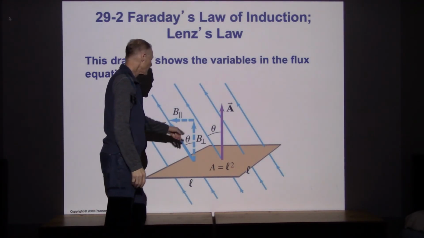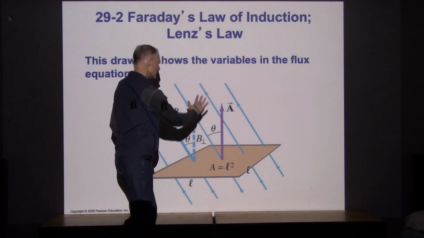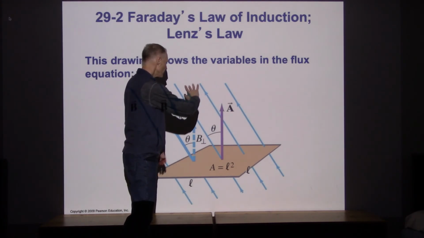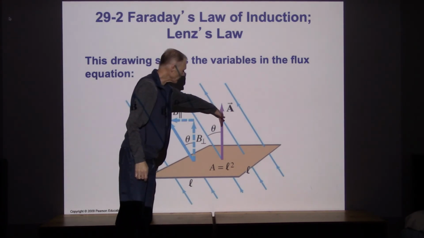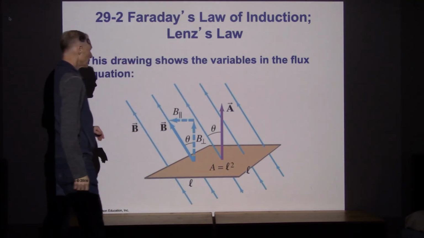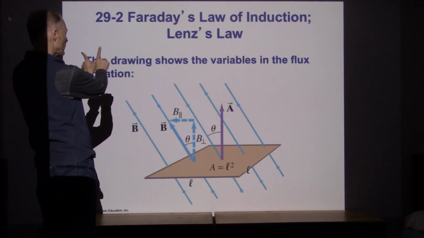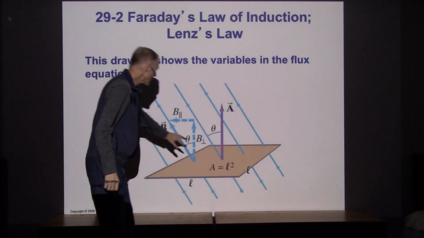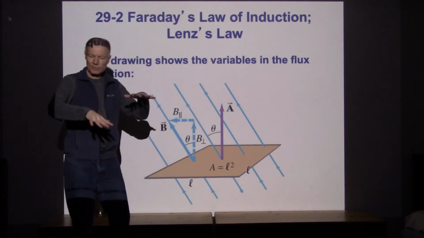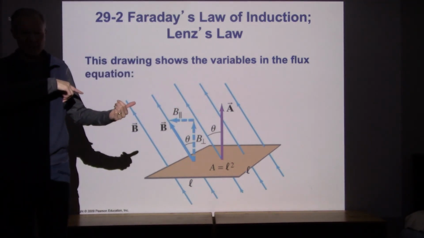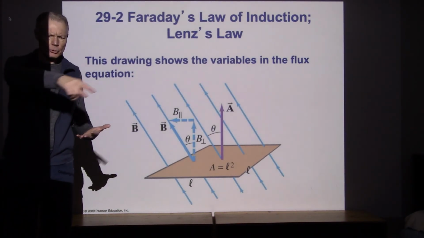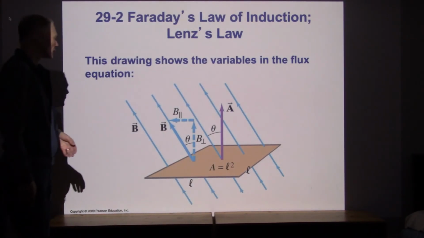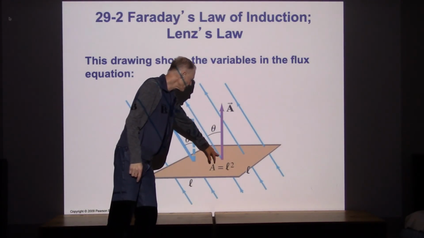Now in this diagram, the magnetic field isn't lined up with the area vector, it's actually tipped. So I do have an angle, looks like 30 degrees or something, between where the magnetic field is and where the area vector is for that area. Now the magnitude of the area here is, in this case, a square, and they're writing it as L squared, but there's going to be a magnitude of area and then a direction of area, and that vector is perpendicular to the surface.